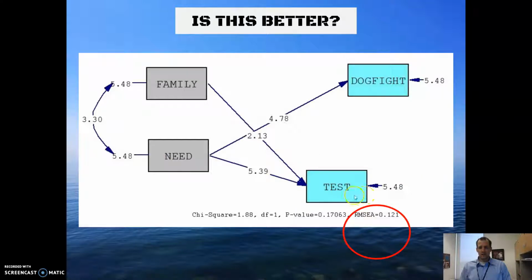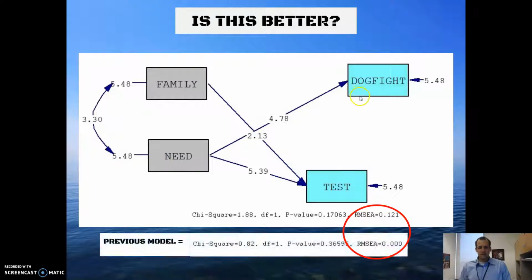Test is just out there on its own, although it is predicted by these two variables, as you can see by these relationships. But need is the only factor related to dogfighting. Unfortunately, if you compare this new model to the previous one, it's actually not as good.